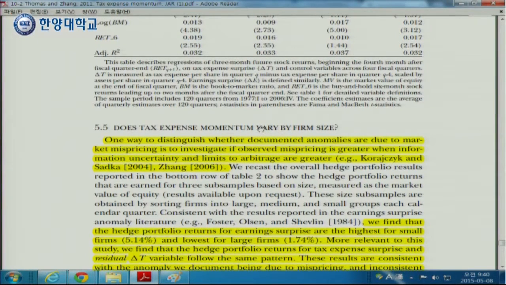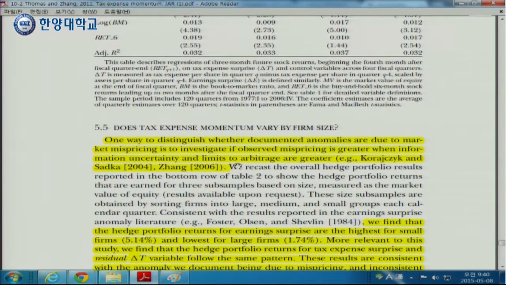And now they argue that their result is due to market mispricing, and to investigate this, they check whether the mispricing is greater when information uncertainty and limits to arbitrage are greater. Their argument is that the relationship they find is about mispricing.